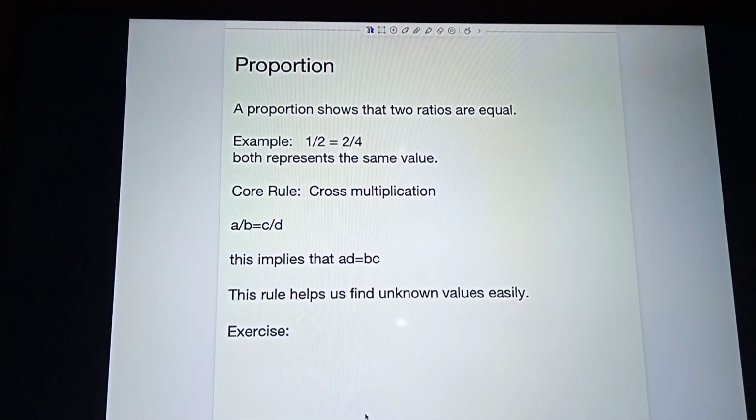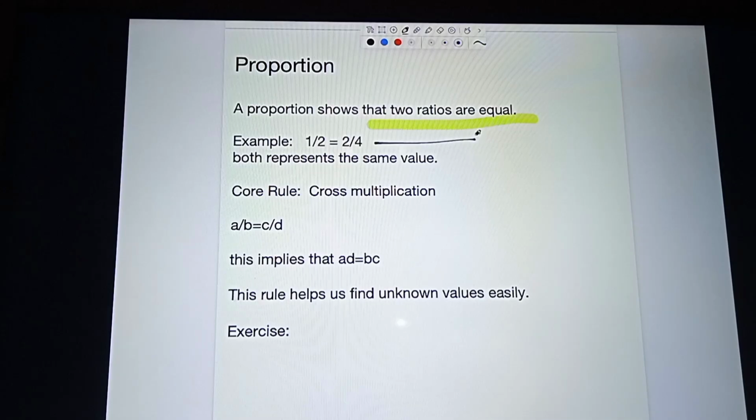The last one is proportion. A proportion is based on ratio. A proportion shows that two ratios are equal, that is, the left side of the equality sign and the right side of the equality sign are equal.